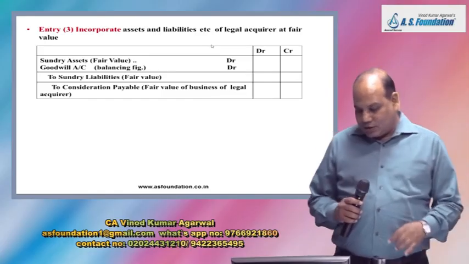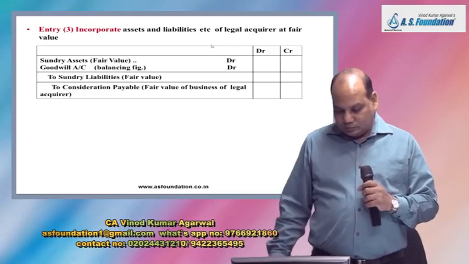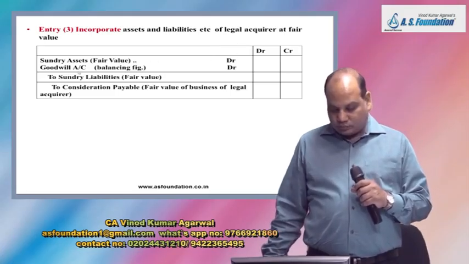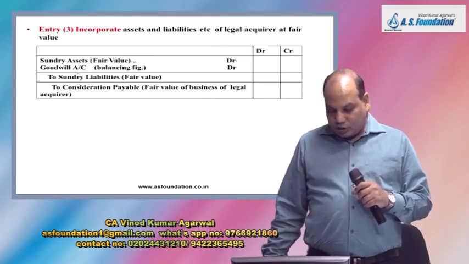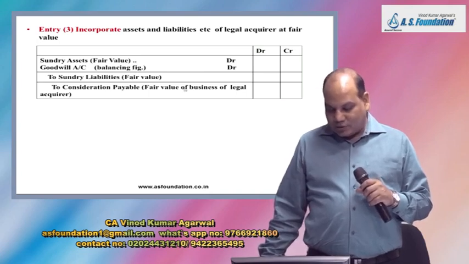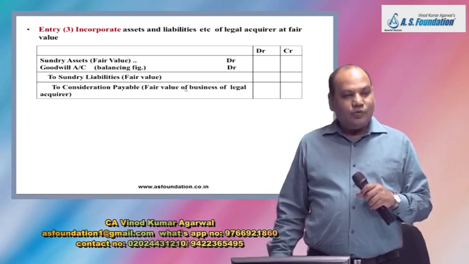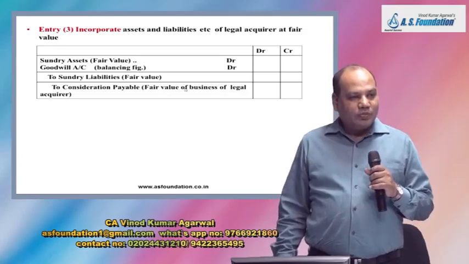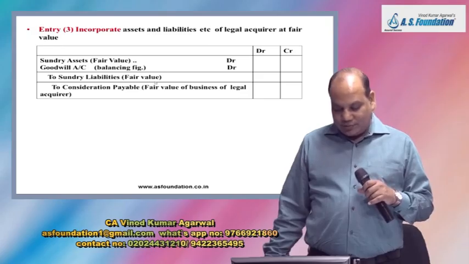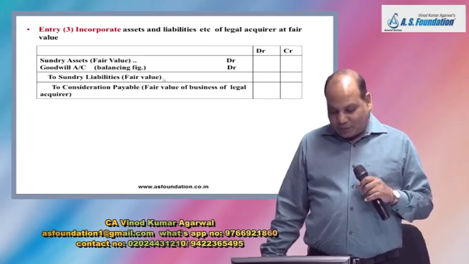So sundry assets account debit, fair value. Then you write goodwill account debit, balancing figure. Now this will give rise to goodwill or gain on bargain purchase. To sundry liabilities, fair value.